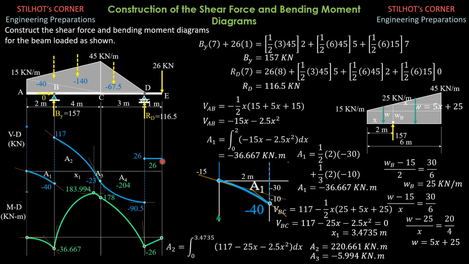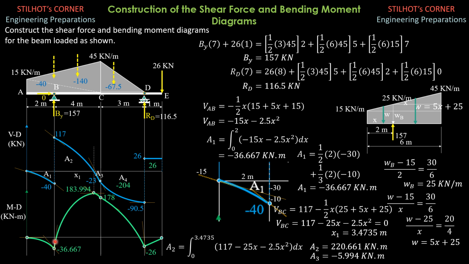So finally, of course, this is 26 times 1. So from negative 36.667 plus area 2, which is 220.661, you'll have there 183.994 under the zero shear. Then to connect these 2 points with a smooth curve, initial tangent here is 117. Then the slope there is 0 horizontal.